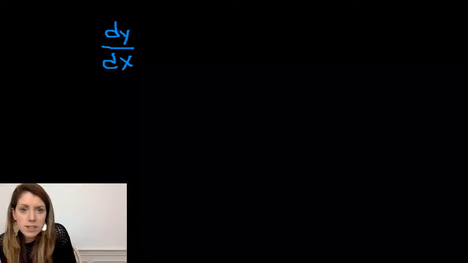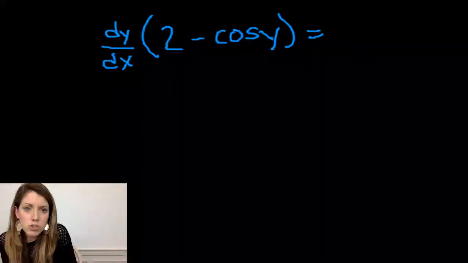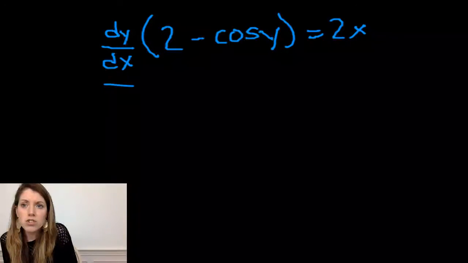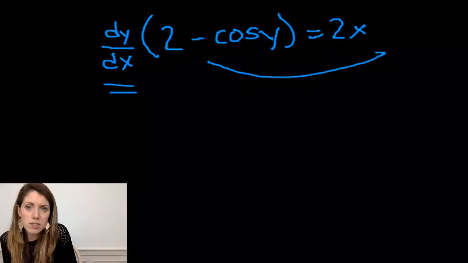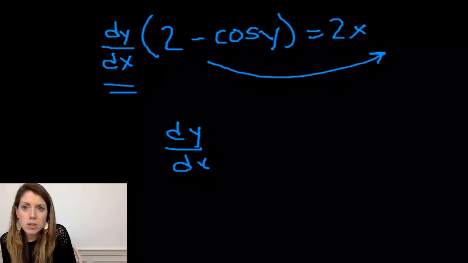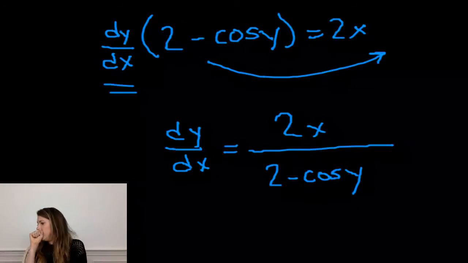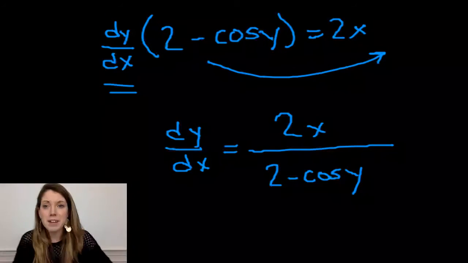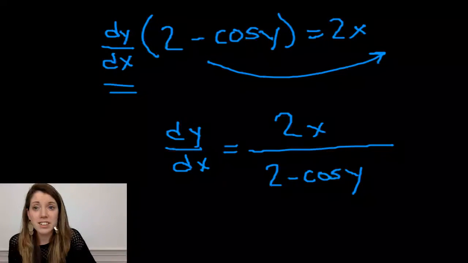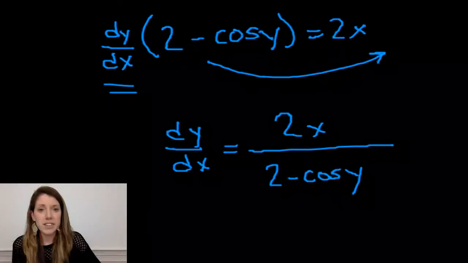So we have dy dx times all the stuff equals 2x. And in order to finish solving for this, we're going to take this and divide it to the other side. So that dy dx is the equivalent expression of 2x all over 2 minus cosine y. Sorry about that. So that's our answer. We found dy dx.